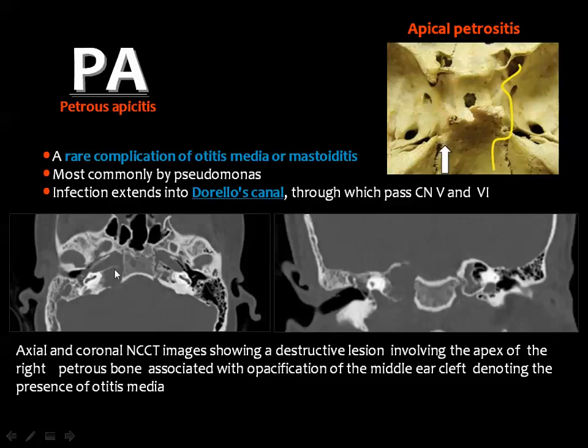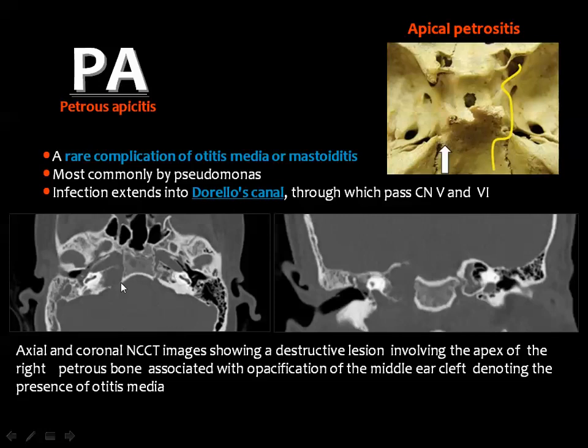At that time, infection will start to erode the apex of the petrous bone, and of course, you can see that the internal auditory canal and the carotid canal are very close to the site of the lesion, and also the clivus is very close.